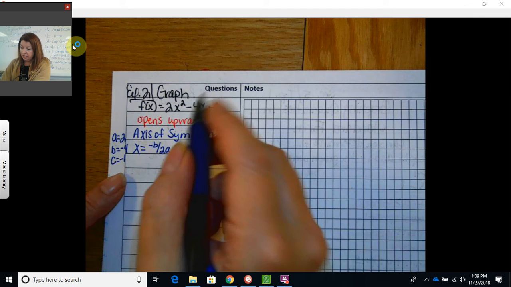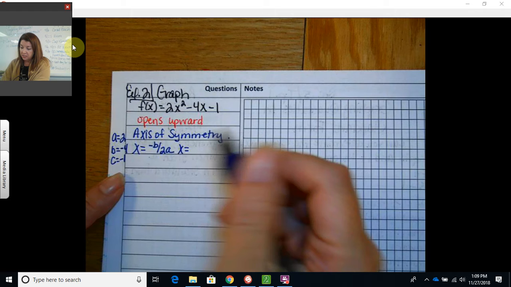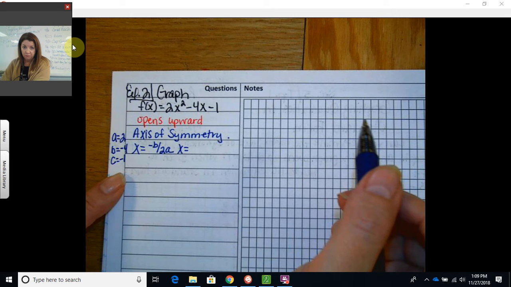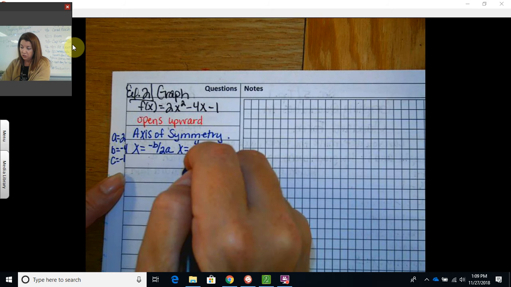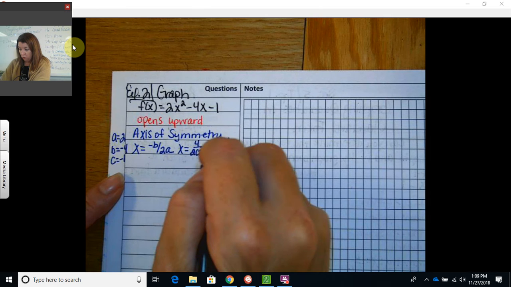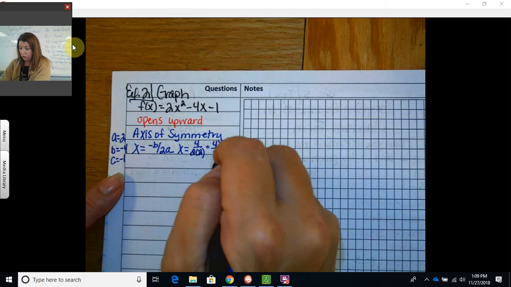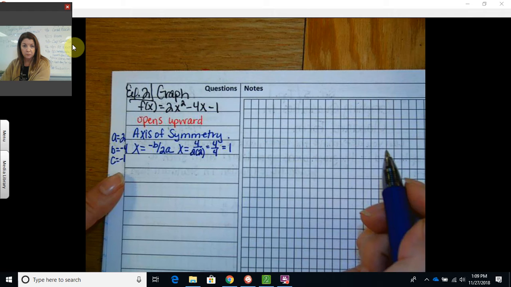So that is x equals, what's the opposite of b if b is negative 4? You're going to have a double negative. So instead of negative b, we would write positive 4 over 2 times a, which is 2 times 2. That is 4 divided by 4, which is 1. So the axis of symmetry is x equals 1.